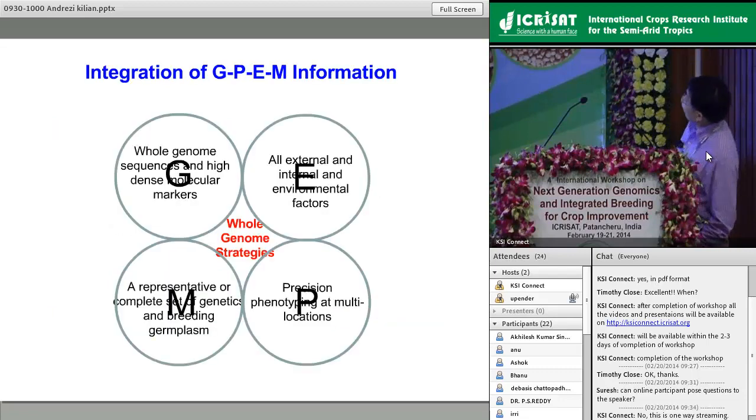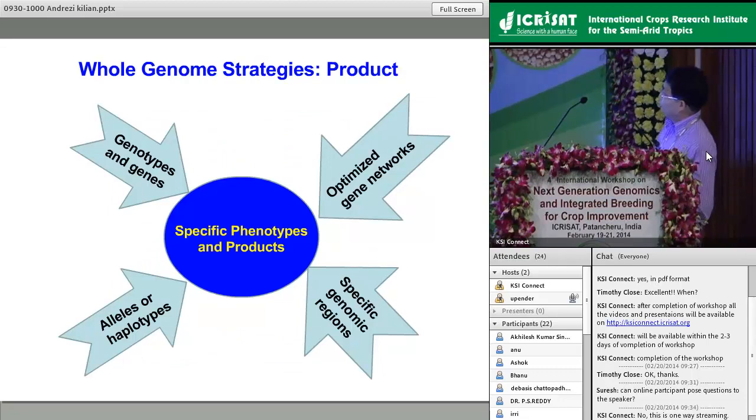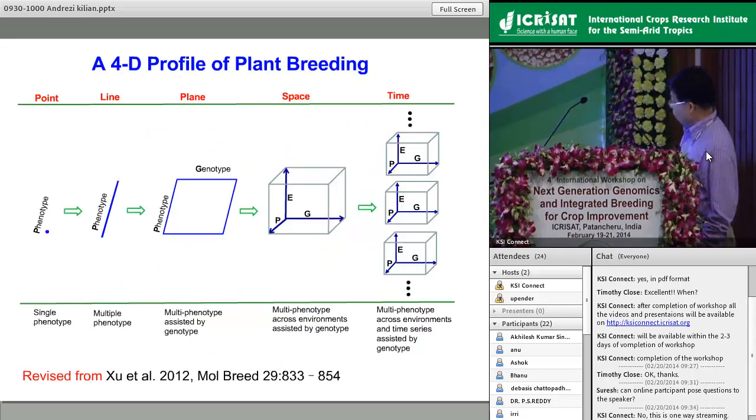That means we have GPE. I put another one, M, as a representative complete set of genetic breeding materials. Okay, so that's the whole genome strategy part. With that, we get all the desired parts into our specific phenotype and the breeding product.